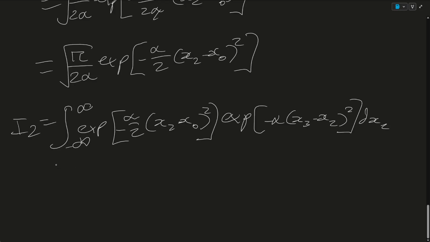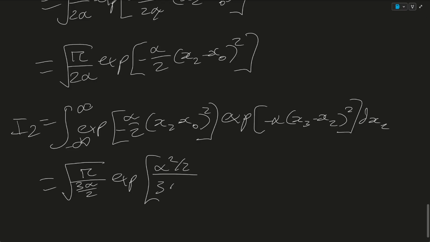Applying our identity from before, this is just pi over 3 alpha over 2, exponent of alpha squared over 2 over 3 alpha over 2.